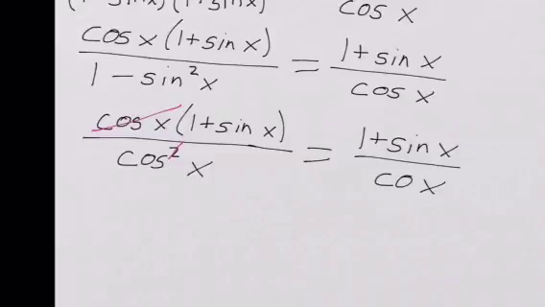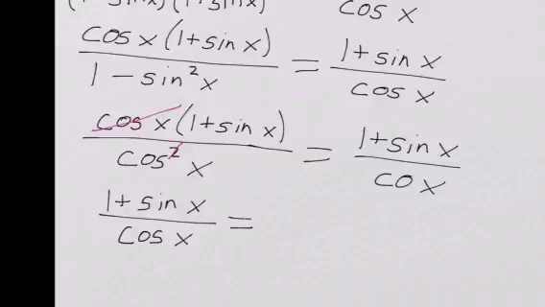So with that, I end up with 1 plus sine x over cosine x is equal to 1 plus sine x over cosine x. Realized I left the s off of cosine in the previous step. And that identity checks out, and we're good to go.